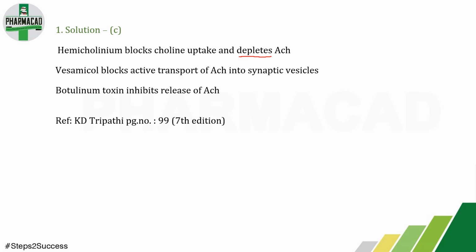However, the function of botulinum toxin is that it inhibits the release of acetylcholine. So all three statements, that is P, Q and R, are false. Only S, that is organophosphate inhibits acetylcholinesterase, is true because it irreversibly binds to the acetylcholinesterase enzyme and increases the amount of acetylcholine and thereby modulates its actions.